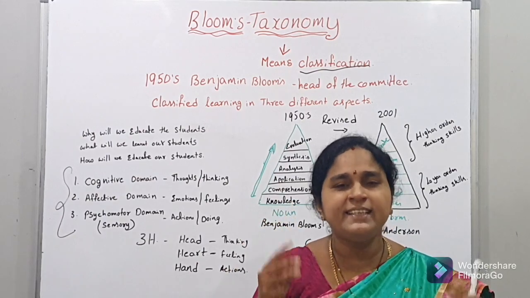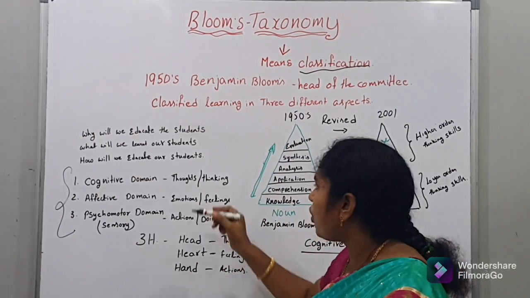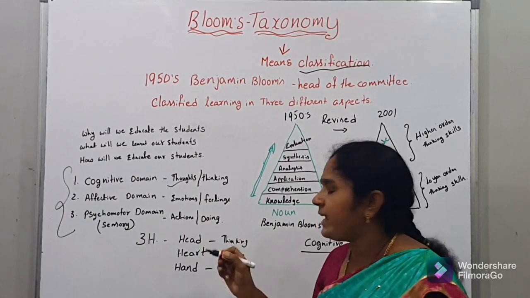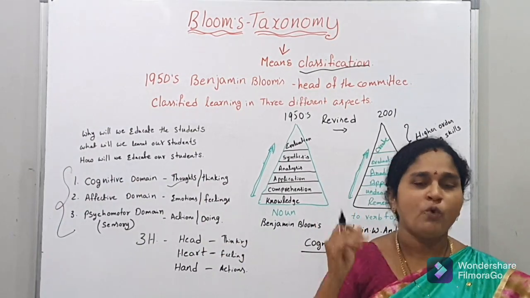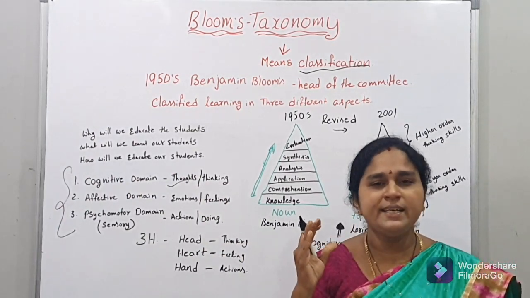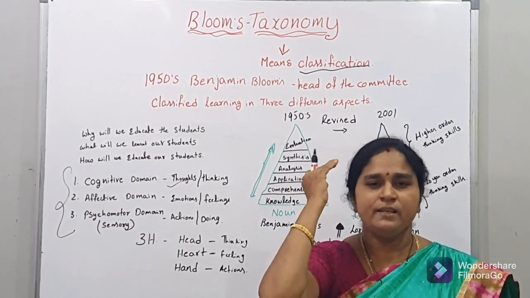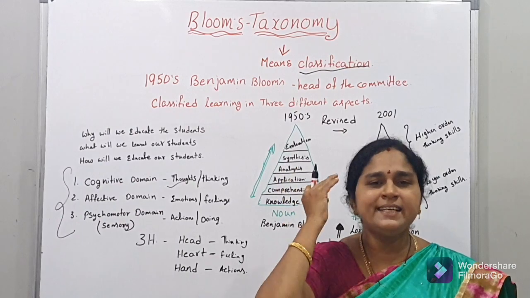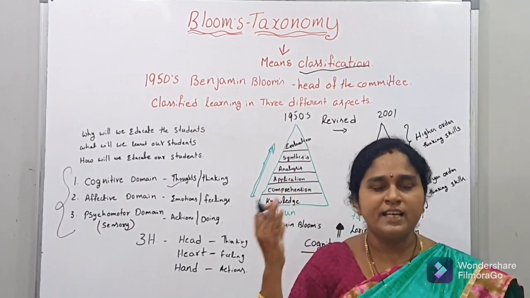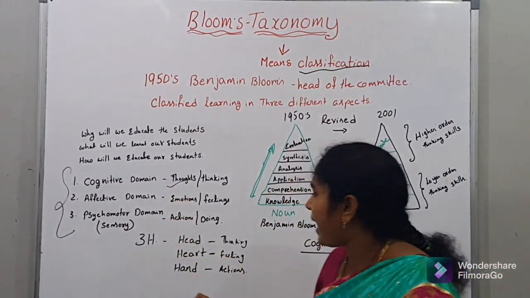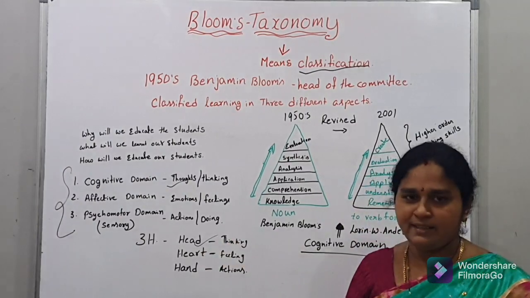What are the Hs? The cognitive domain is treated as the head. Why? Because thoughts and thinking happen in the head, the brain. The main brain is thinking our thoughts. That's why the cognitive domain is head.